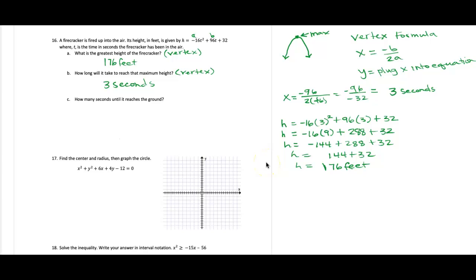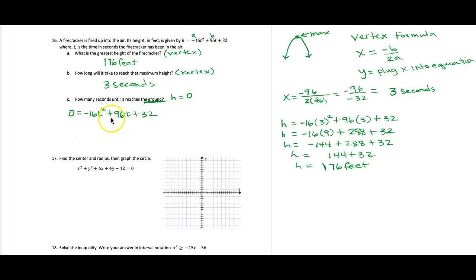And then the last thing says how many seconds until it reaches the ground. Well, again, remember, what is the height of the ground? Well, that's when h is 0. So we're going to put 0 in place of h here and then solve it. So 0 equals negative 16t squared plus 96t plus 32.